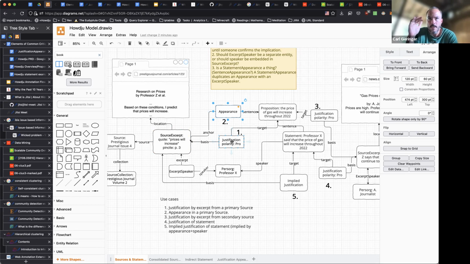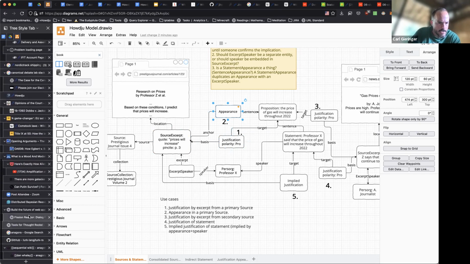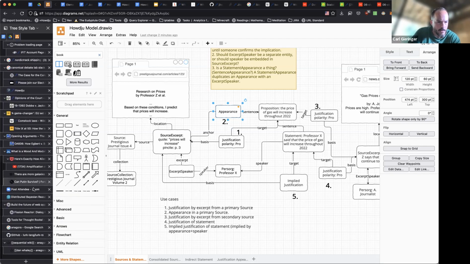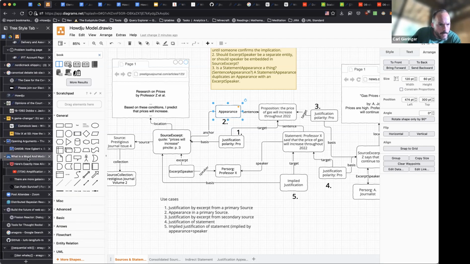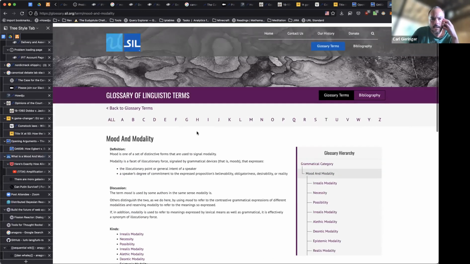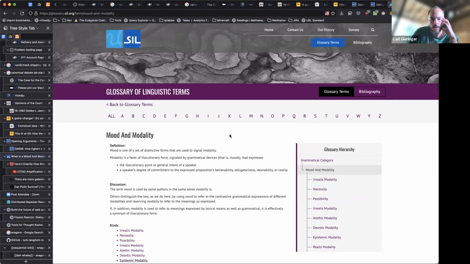I started doing some reading. I'll just say one last thing about what I was saying. I started reading again last night this SIL linguistics glossary.